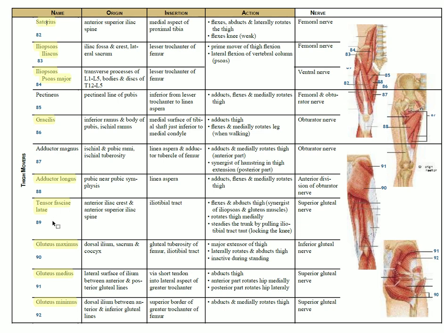89, tensor fascia lata. It's not latte, it's pronounced lata. But TFL for short, that's the outside of the thigh near the hip. So number 89, where are you? Oh, it's going to be on the outside. I don't really see it here.